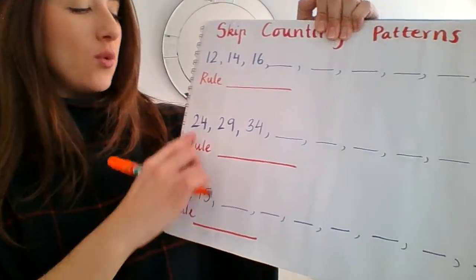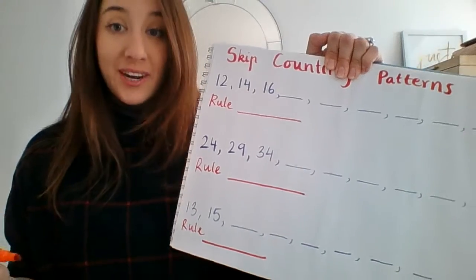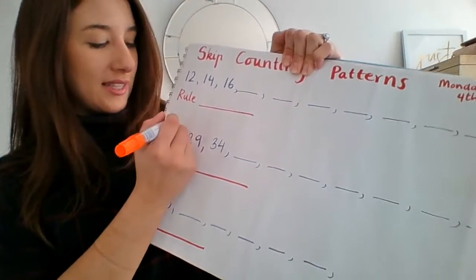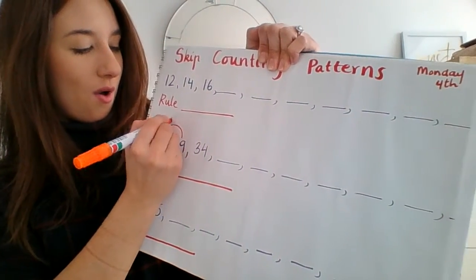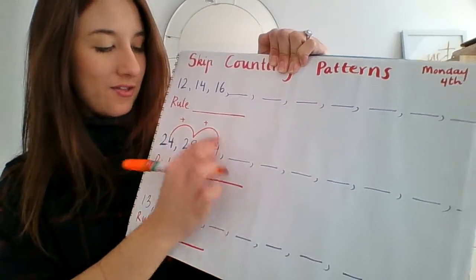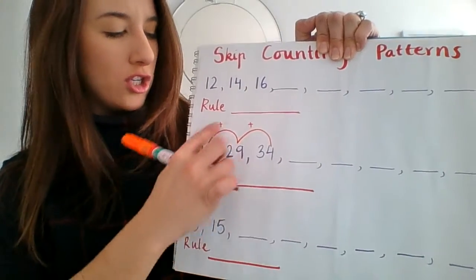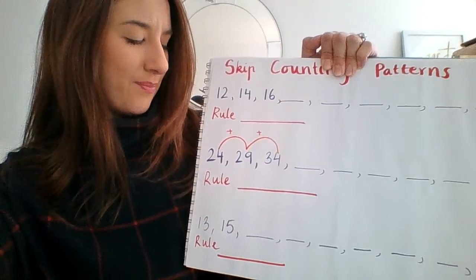And we're going to see what this is skip counting by, because it's starting from a number that makes this pattern a little bit tricky, okay? But if we can see how many is added here and how many is added here, then we will know what this is skip counting by. So let's count from 24 to 29 and see what was added.